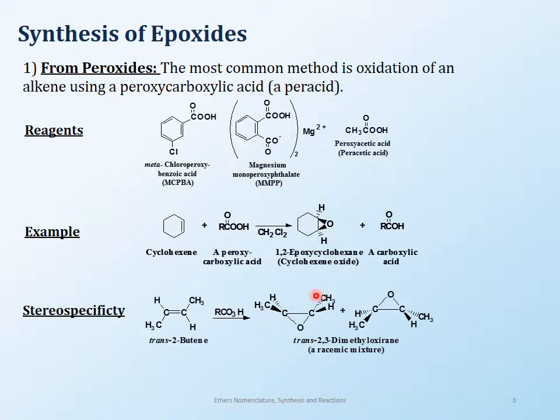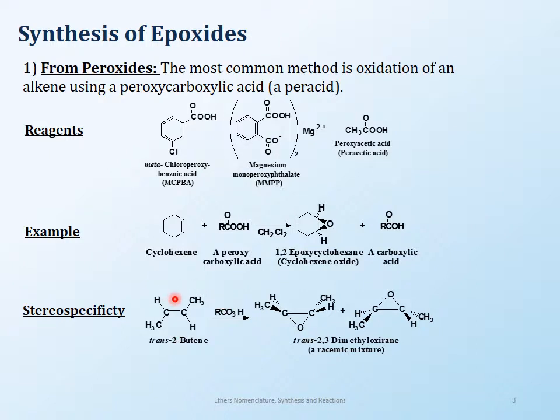Okay, the other thing you have to know is that if in case you're creating a stereocenter, then you will have enantiomers. All right, so for example, in this case, you will get enantiomers because you have no choice whether the reagent is coming from this side or it's coming from this side.